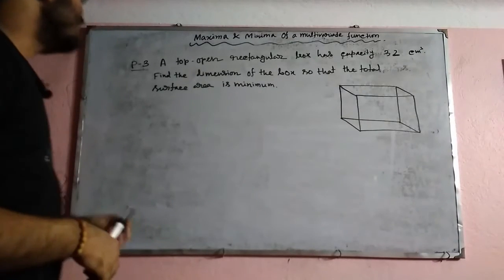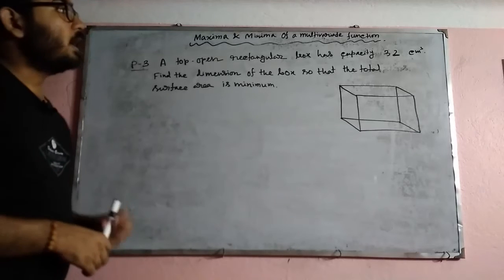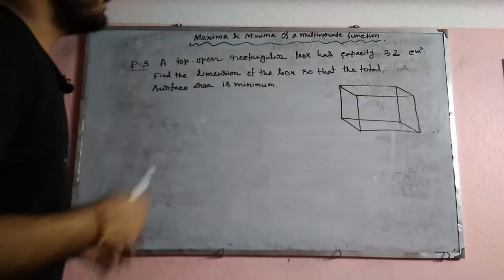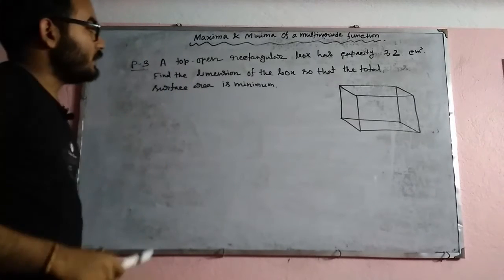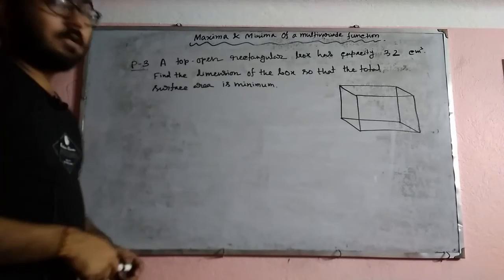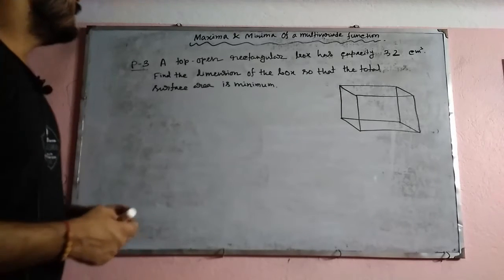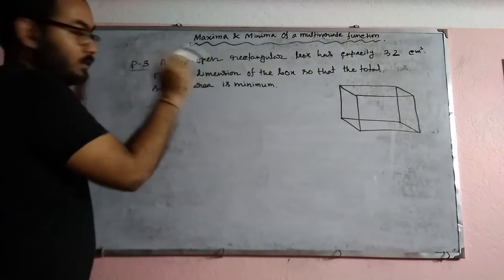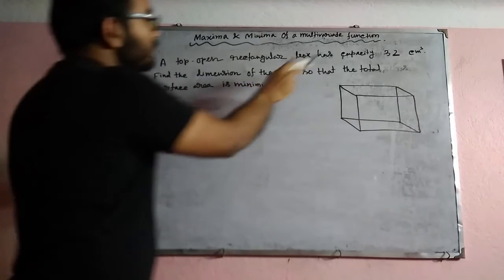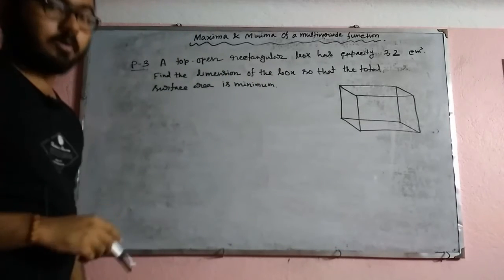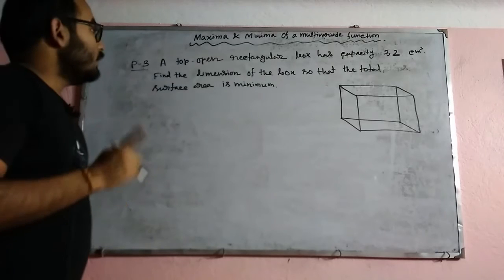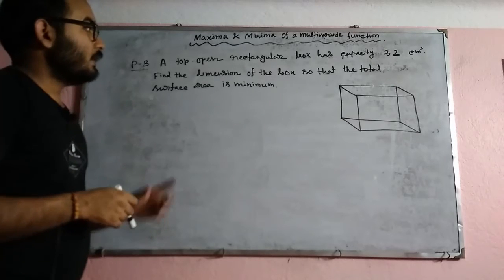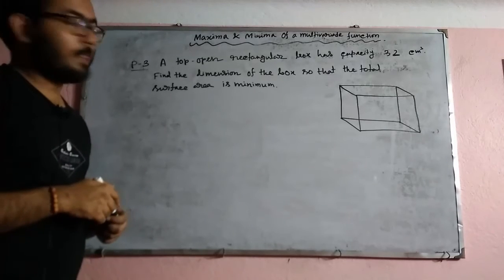Problem number 3: a top open rectangular box has capacity 32 cubic meters. Find the dimension of the box so that the total surface area is minimum. Okay. See, apparently this problem looks very hard, but if you read the line, find the dimension of the box so that the total surface area is minimum, you can understand that here the function is the surface area, okay?